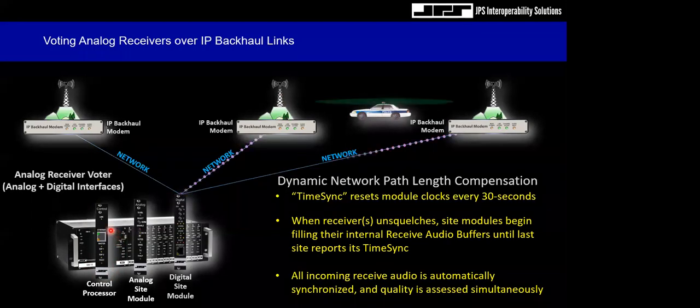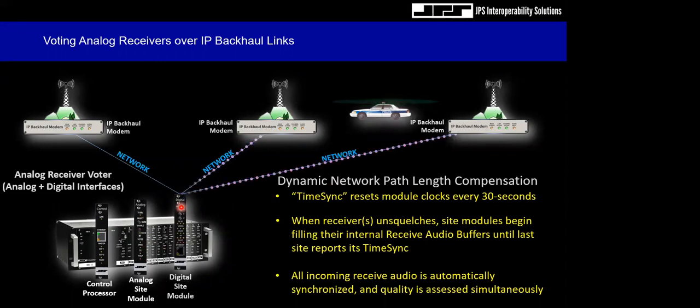It knows how many sites are in the system, and it tells all modules in the chassis to start filling their buffers, because one of these sites is going to be arriving late. We're going to call that the latent site. We're going to fill our buffers until that site checks in with this timestamp. We then simultaneously dump our buffers, compare spectral noise, and realign the information.